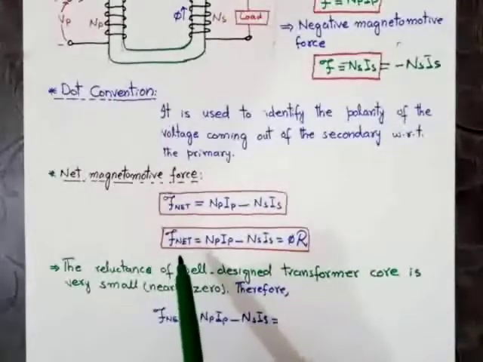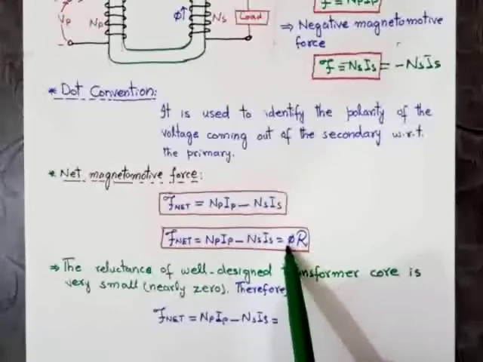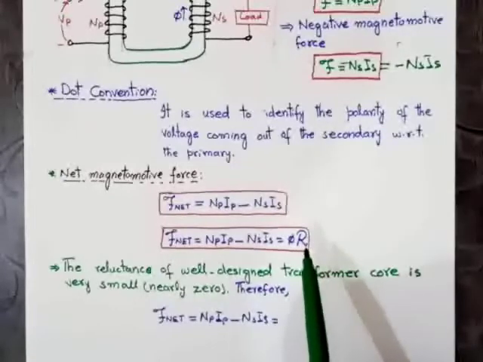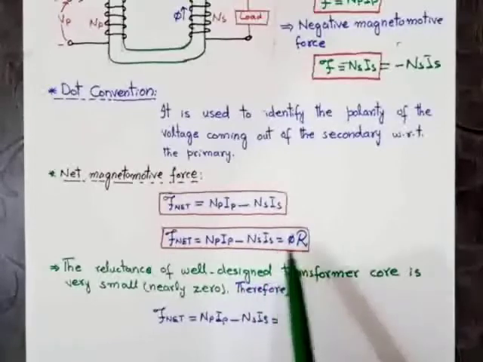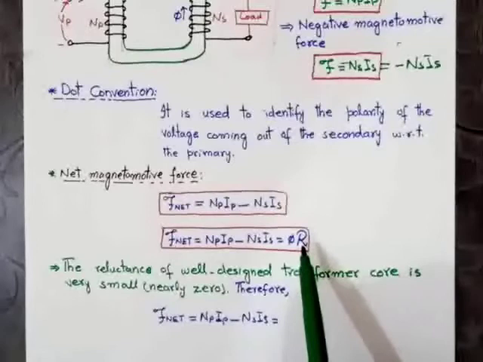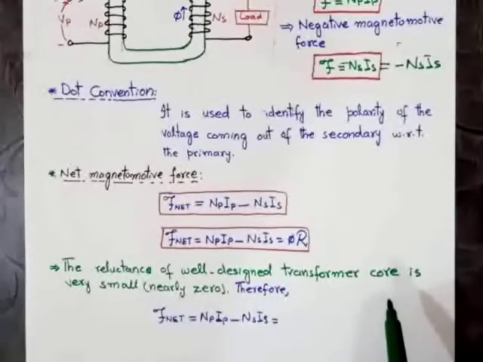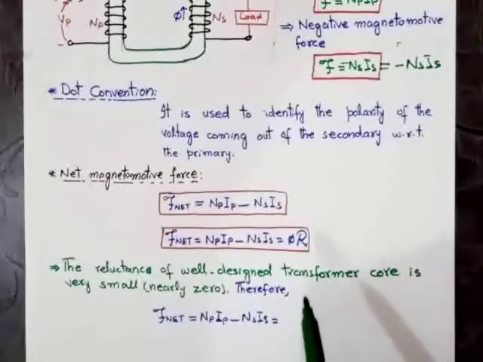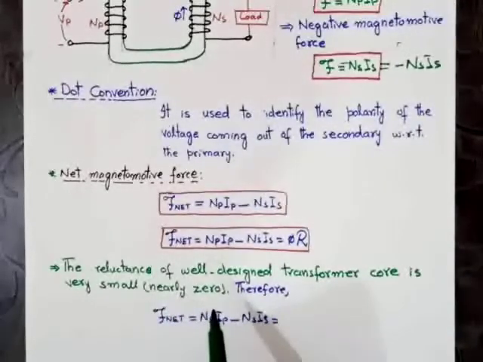Also, as we know, magnetomotive force is equal to flux into reluctance. Therefore, NP IP minus NS IS will be equal to flux into reluctance. As we know, in a well-designed transformer core, the reluctance is very small, near zero.